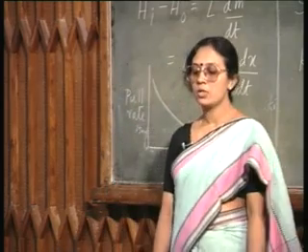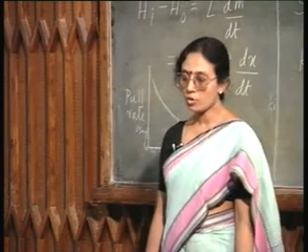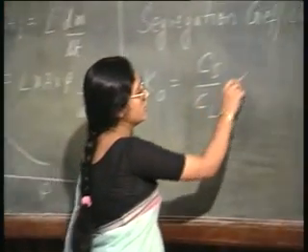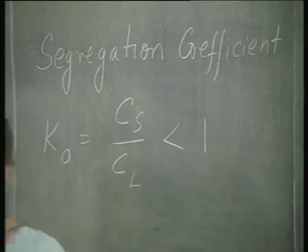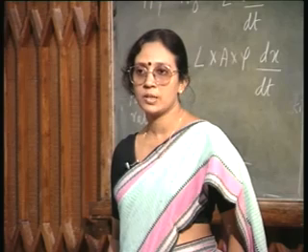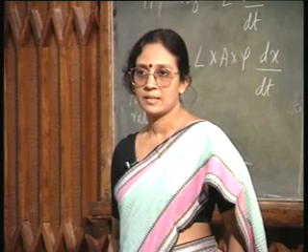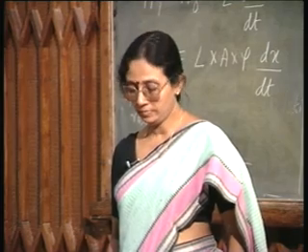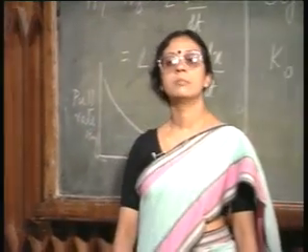Now, usually for most common impurities, this K0 is less than 1. What is the implication? The implication is that the solid solubility is less than the equilibrium solubility in melt.